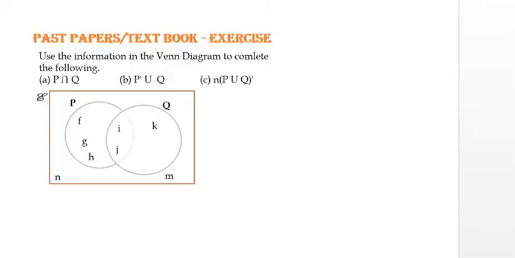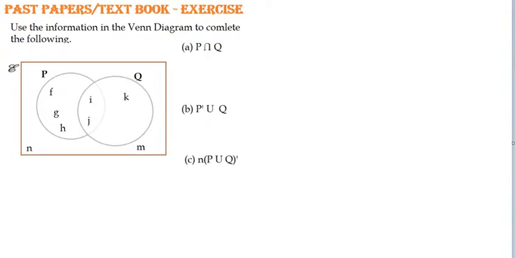Now let's have some examples from a textbook or from past papers. So we will start with this example. The question is, use the information in the Venn diagram to complete the following. We have got set P, set Q and universal set ε.